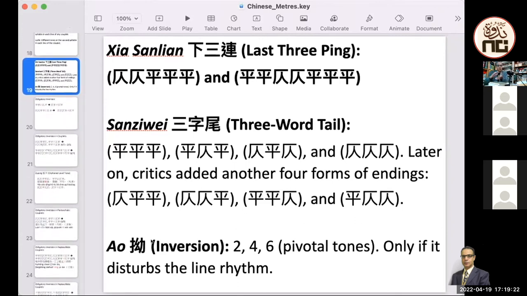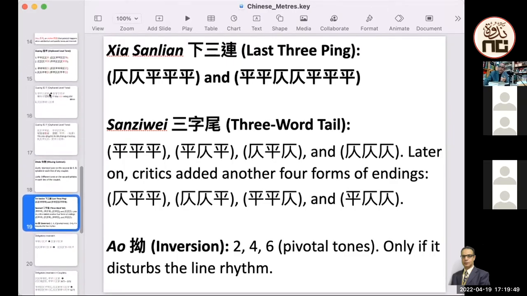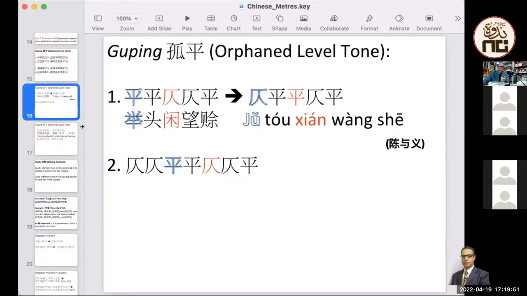That's the inversion. As I said, the second, the fourth, the sixth tones are the pivotal tones, the central ones, that if they change, the rhythm of the poem will be changed and might disturb the line rhythm. That's why there has to be a makeup. There has to be counter inversion, just like the example I've given here.